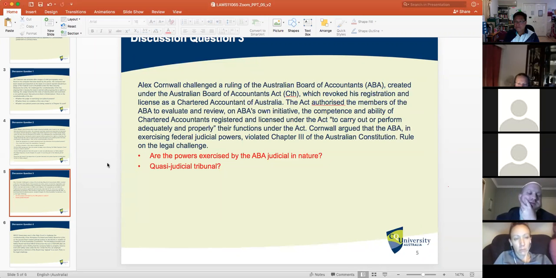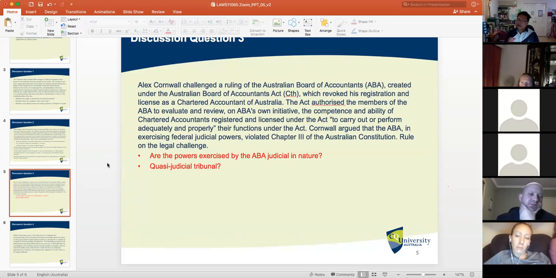And because they're referring to a Commonwealth Act, doesn't that make it a matter of law? Not exactly, because the basic question is, if a person is seeking a review of the decision, what is the basis for questioning the decision?